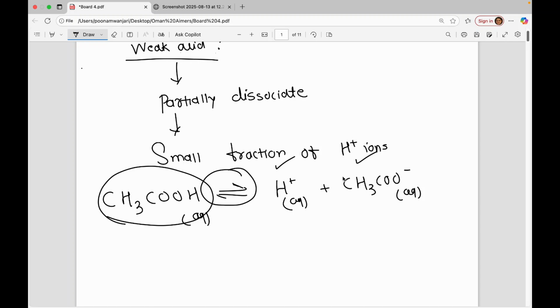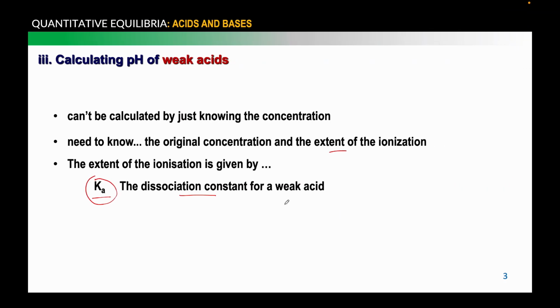Now again a question arises: when there is a small dissociation, how can we calculate the pH of a weak acid? To calculate the pH of a weak acid, we should know the dissociation constant.